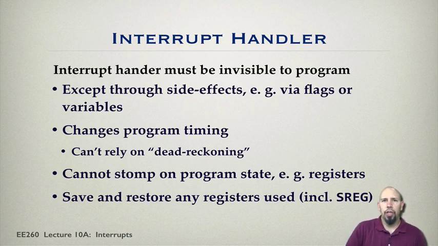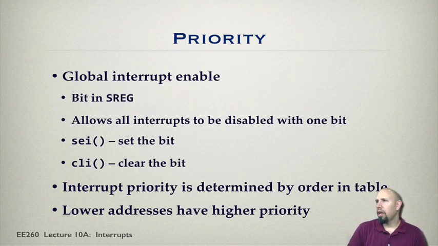In general, when you write an interrupt service routine, you want to keep it short and sweet. As an interruption, it's just like if you're in a conversation with somebody and you get interrupted. It's okay to be interrupted, but you want to be able to get back to what you were doing. And so if your interrupt is too long, it's possible for another interrupt to come in and try to interrupt while you're being interrupted. Okay, so there are priorities to interrupts.